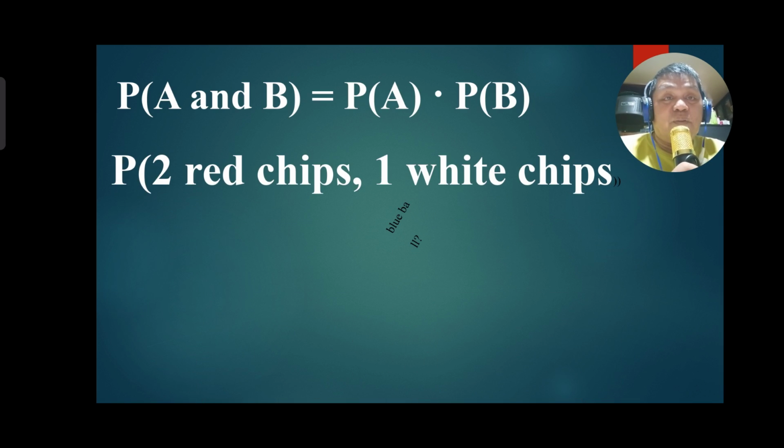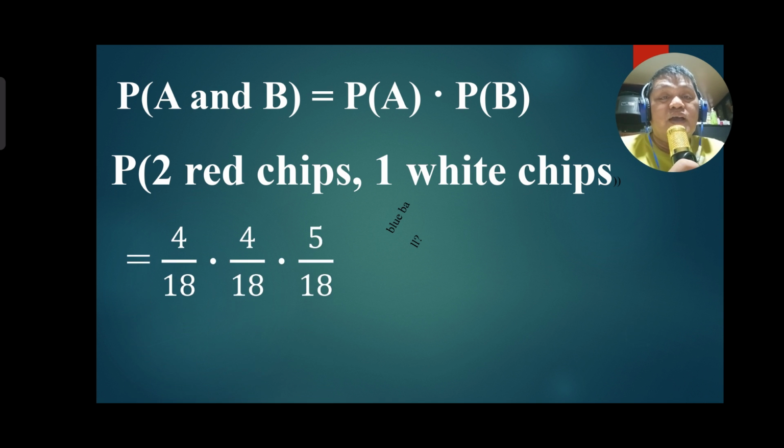So we have the probability of event A and event B is equal to the probability of event A times the probability of event B. So we have the probability of 2 red and the probability of 1 white chip. We have now equal to 4 over 18 times 4 over 18 times 5 over 18.